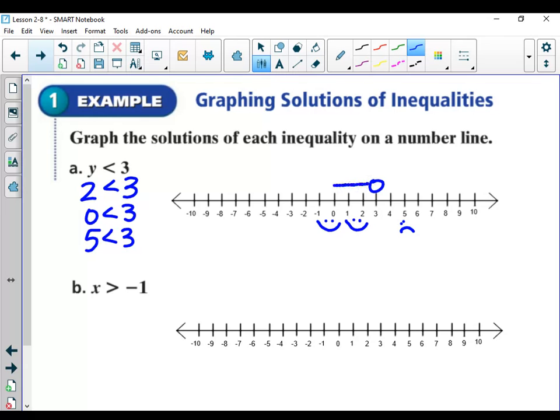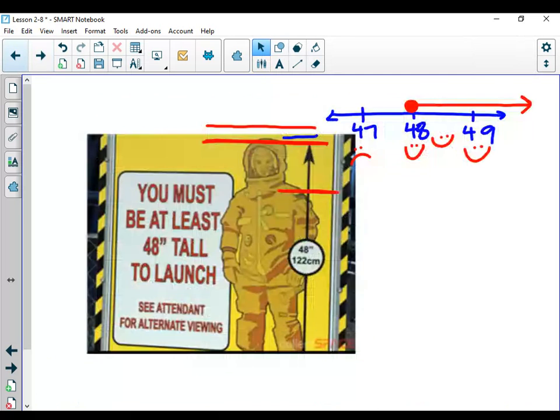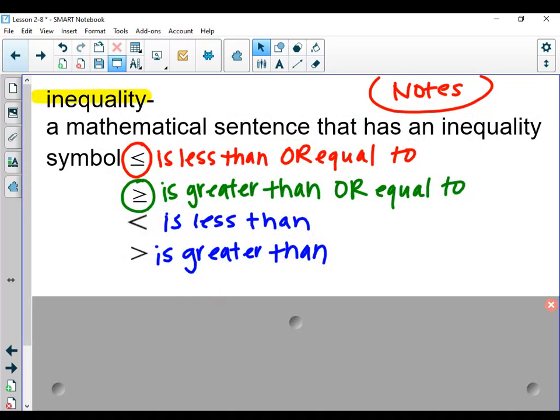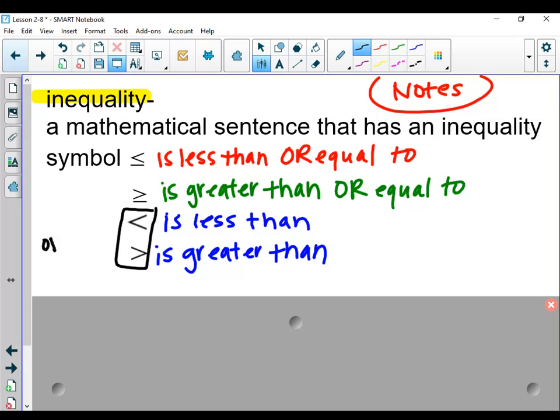But 2, 1, 0, -5, -10, all of those numbers are less than 3. So basically, if I go back up on my notes, these bottom two are going to be an open dot. These top two are going to be a closed dot.